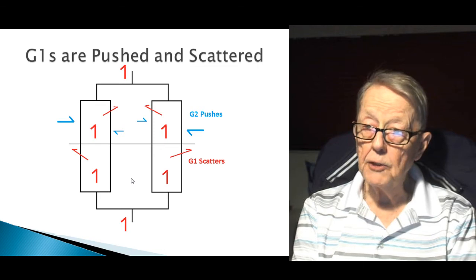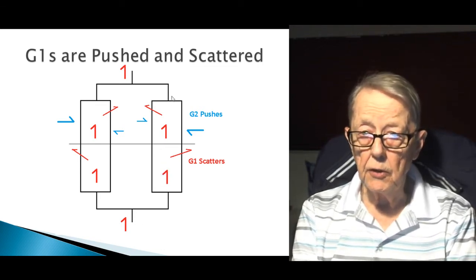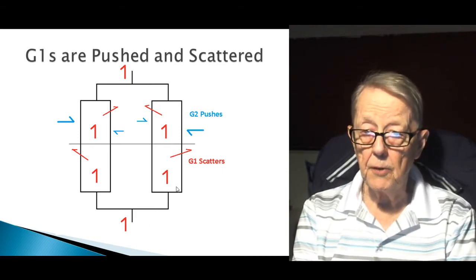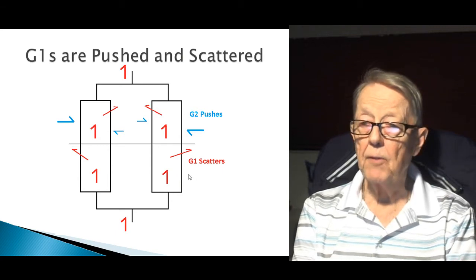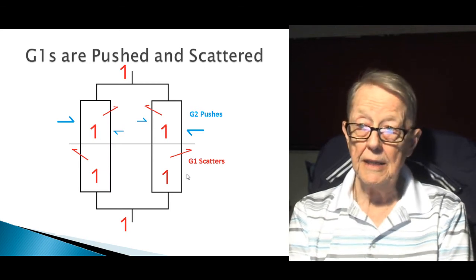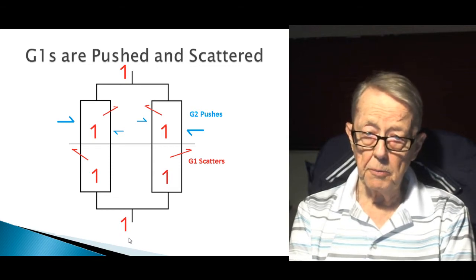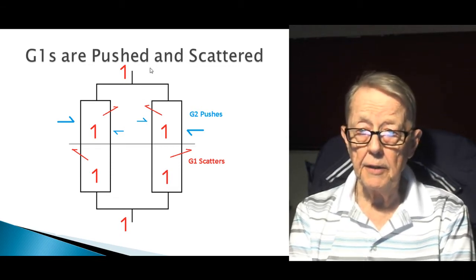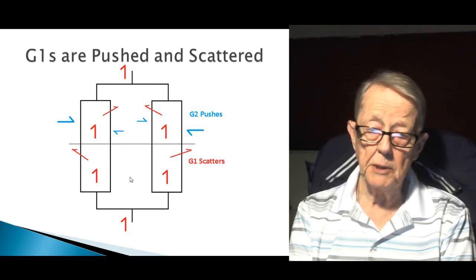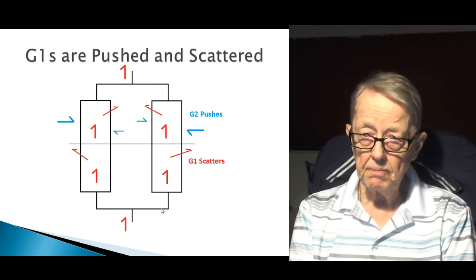Now, the first element of losing G1s, because you have a voltage drop from input to output, and I contend that voltage drop is directly dependent on how many G1s are lost in any short interval. So typically I showed before 1,000 in, 992 out, because 8 G1 particles were lost. Well, this is much more complicated. I have no numbers here. It's not easy to work out.